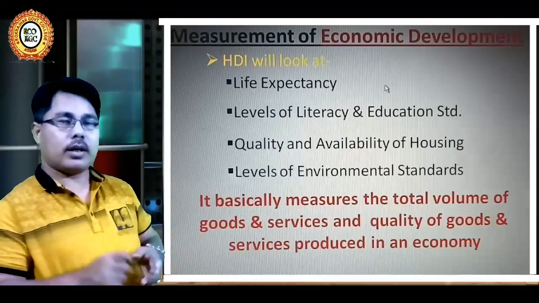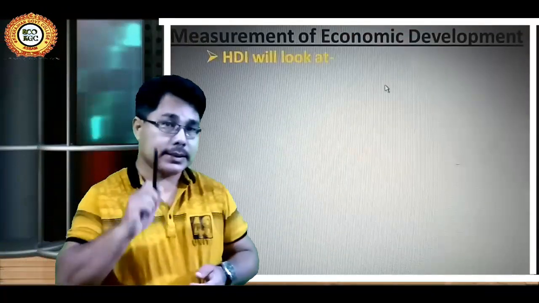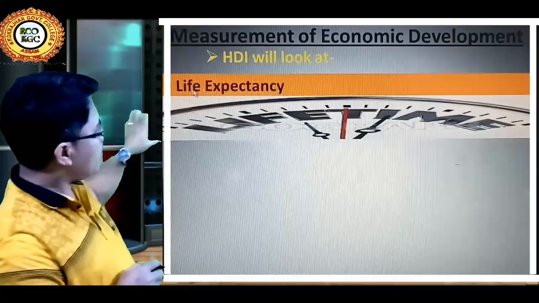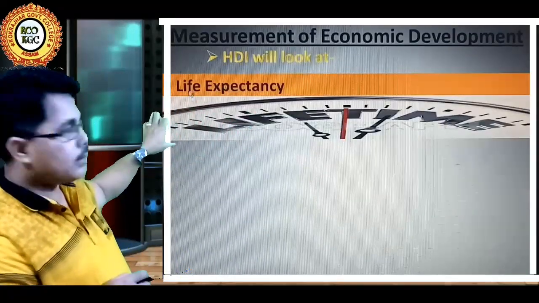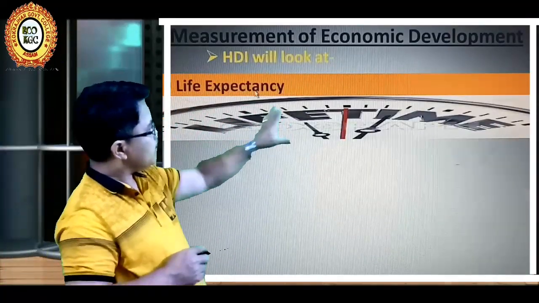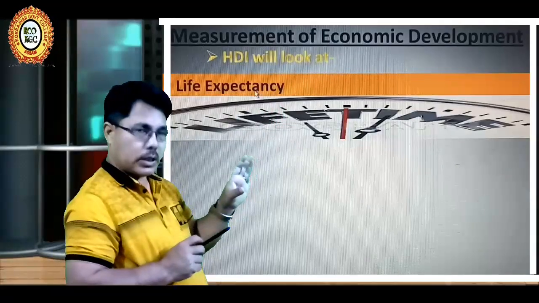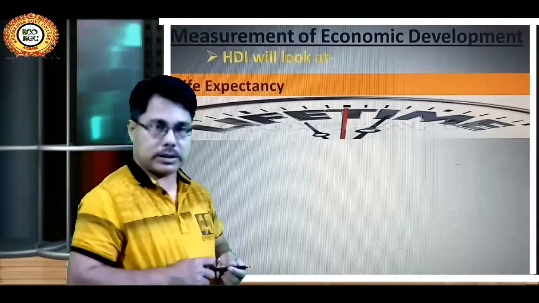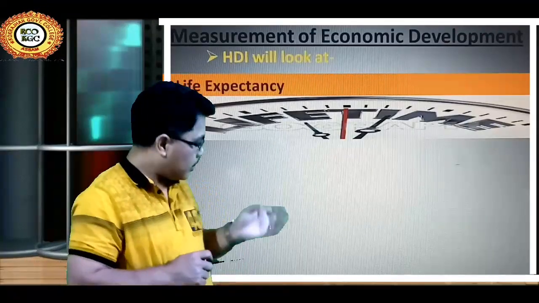In measuring economic development with the help of the Human Development Index, HDI, to assess the quality of life of human beings, life expectancy is one of the important indicators of measuring the economic development of the country.